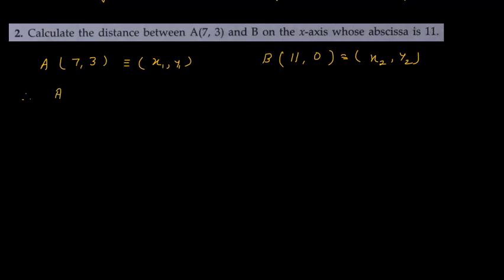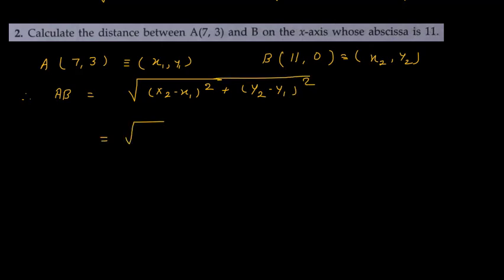So therefore distance AB will be root of x2 minus x1 the whole square plus y2 minus y1 the whole square. So this will be 11 minus 7 the whole square plus y2 is 0 minus 3 the whole square.